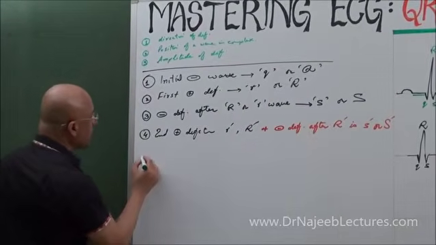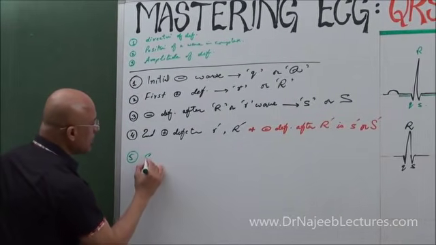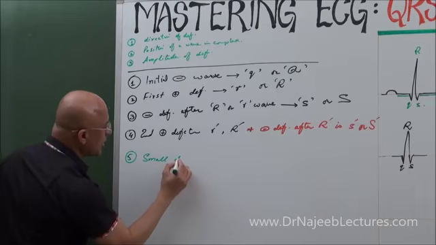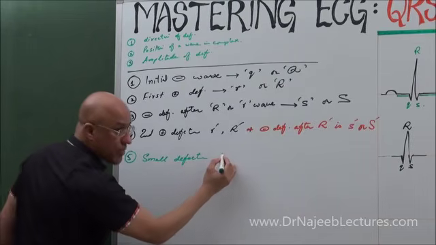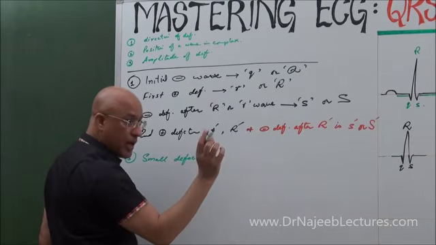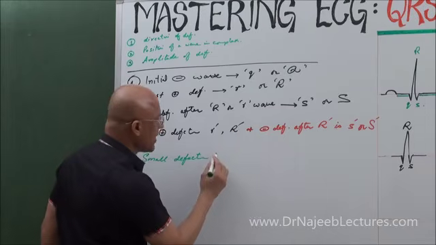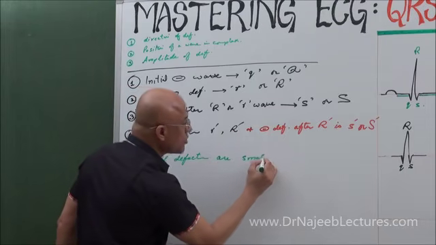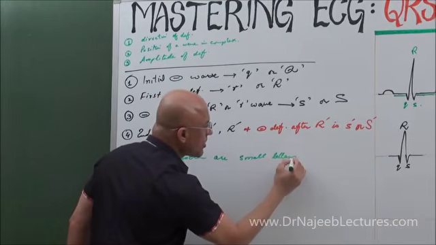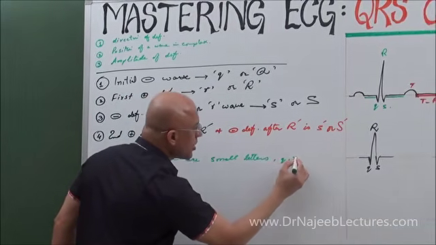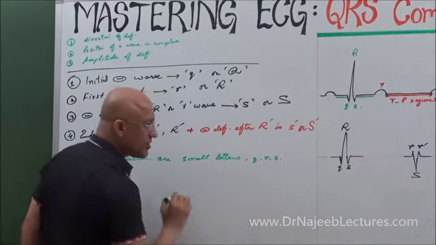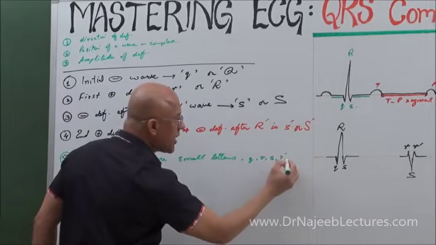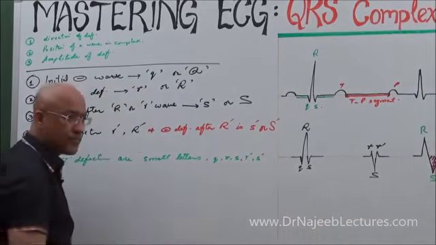I said simply that small amplitude deflections are designated by small letters like q or r or s or r prime or s prime.